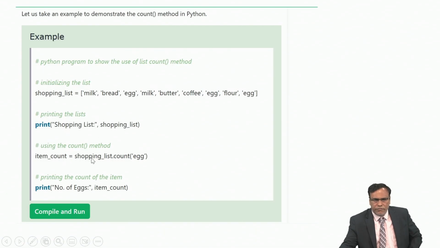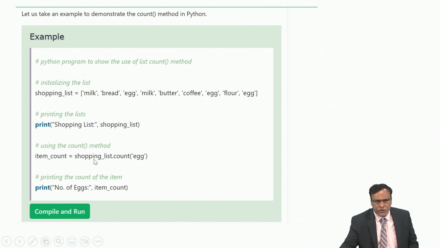Then what I have done here is I just wanted to know how many times egg is present in this list. This is 1, this is 2, this is 3. In 3 places you can find the item egg.